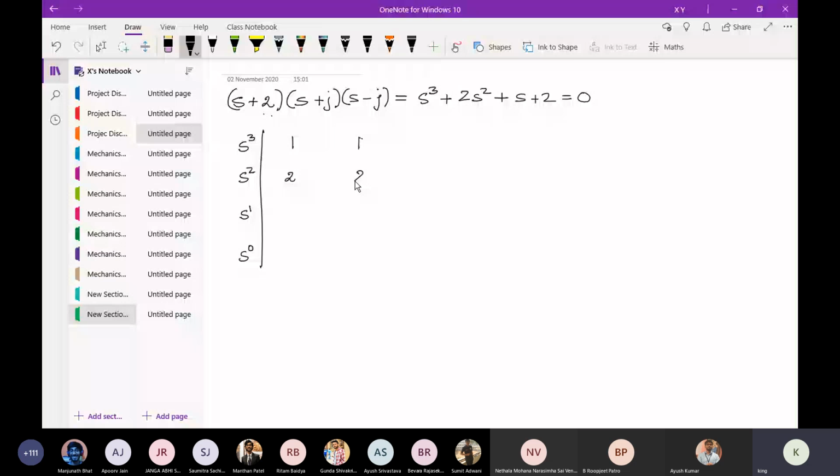So we perform the Routh cross multiplication, and divide, and in the first row itself we are going to get a 0.